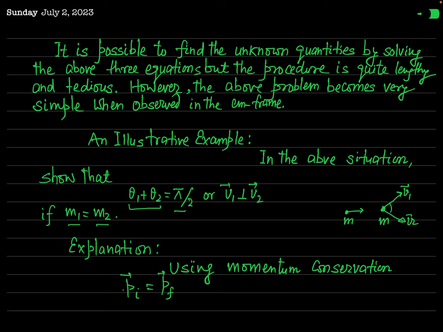In other words, theta 1 plus theta 2 is equal to pi by 2.